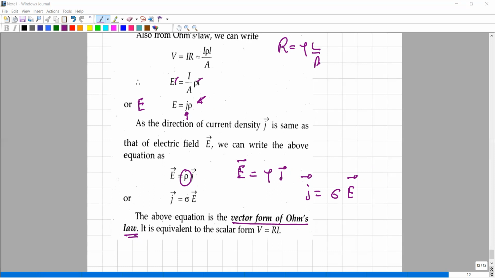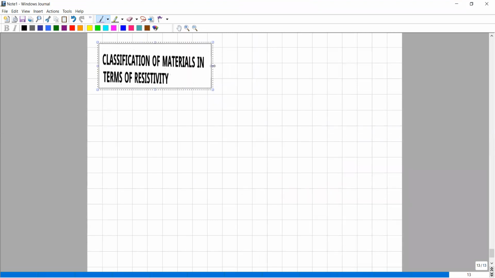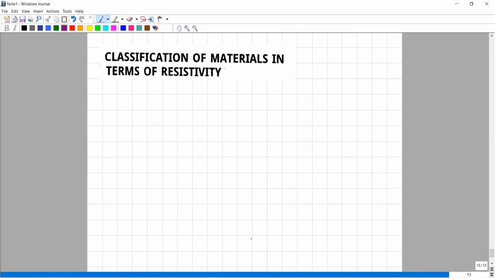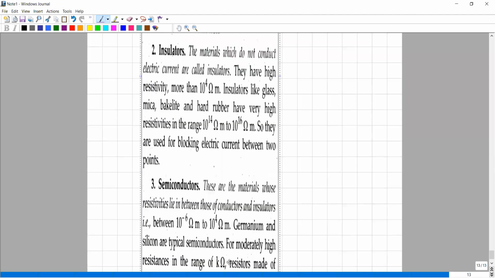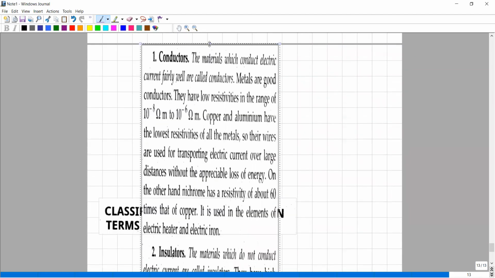Now, in terms of classification of materials, different materials can be classified as conductor, insulator, or semiconductor. By the standard definition, if the resistance is very high, then it is obviously not a conductor.